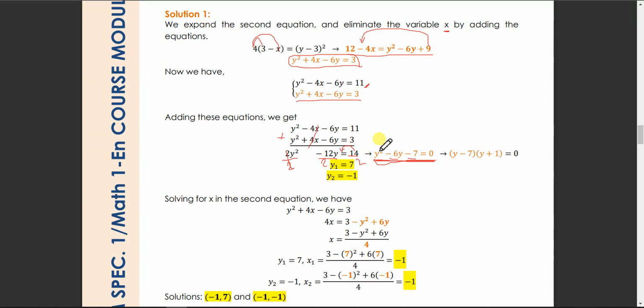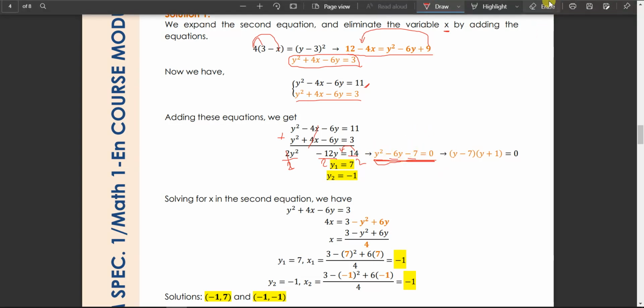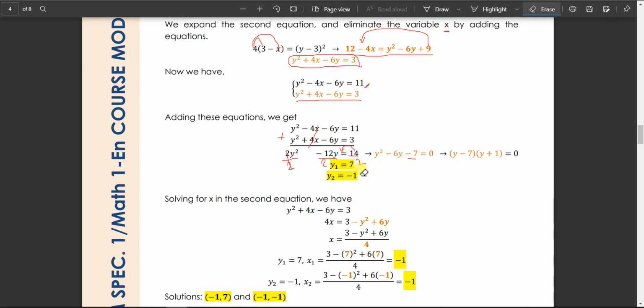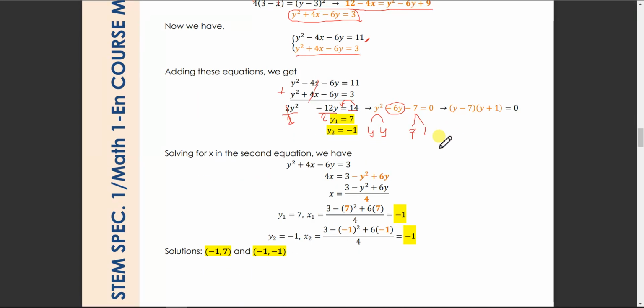After that, we are going to factor. So katong balay-balay nga method. So atong i-factor si y squared and si negative 7. So factor ni y squared is just y times y, and si 7 is 7 times 1. But remember that if you're going to multiply, then add these two, we should end up with negative 6. So, ang atong 7 dapat kay negative, di ba?